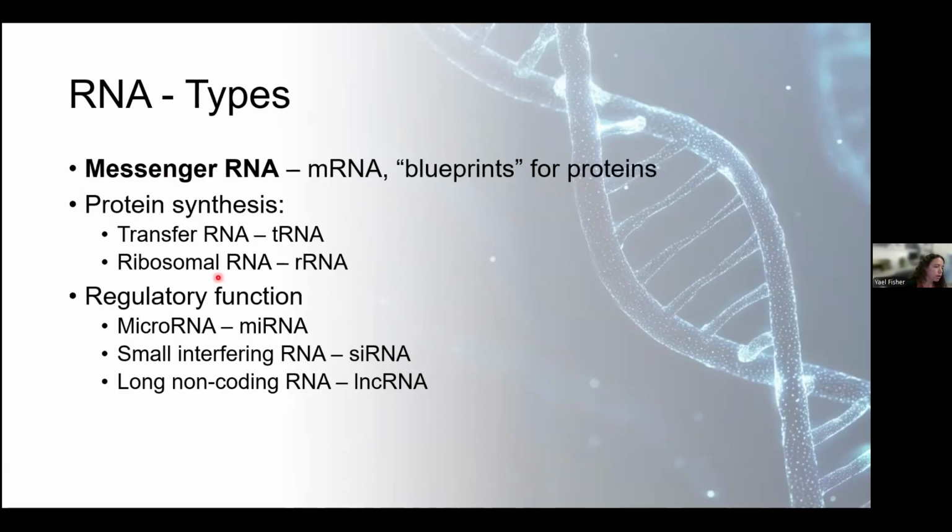Many of those are associated with protein synthesis, like tRNAs and rRNAs. And there are other types of RNAs that have only a regulatory function: microRNAs, small interfering RNAs, and long non-coding RNAs. So when we do NGS testing today, we don't really look for those, but they might serve an important function as well.